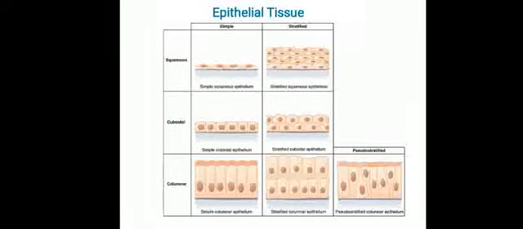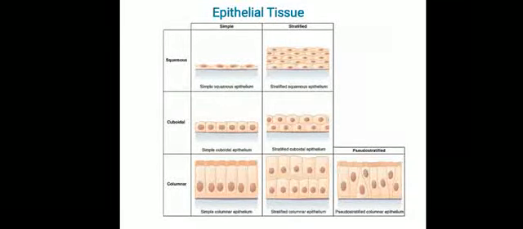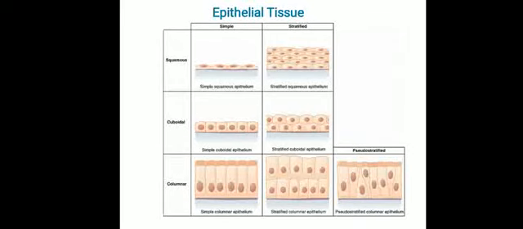Then we have simple columnar epithelium. This one is arranged in a single layer of cells, and it has tall and cylindrical cells.